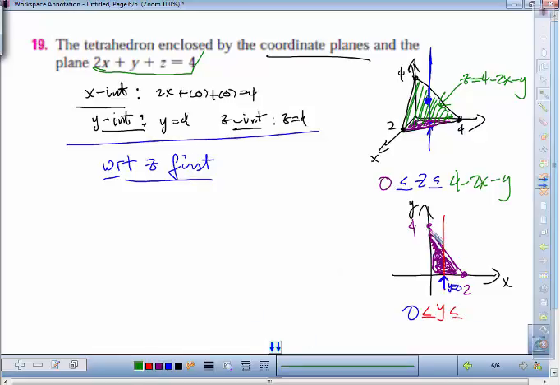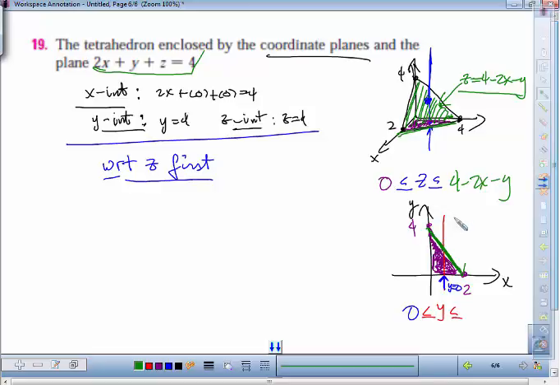And then you exit out of this function. Well, that's this function over here, which is this plane when z is equal to 0. So you can set z equal to 0 there and solve for y, or you can use the point-slope formula to find the equation.